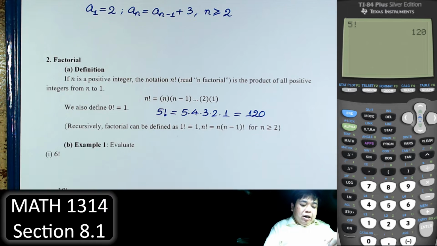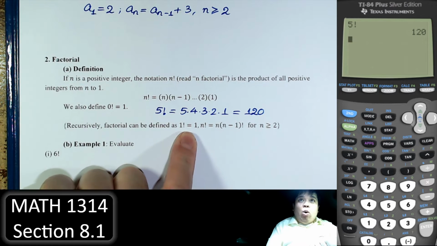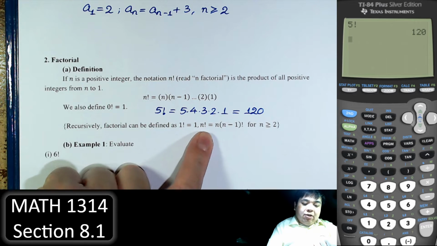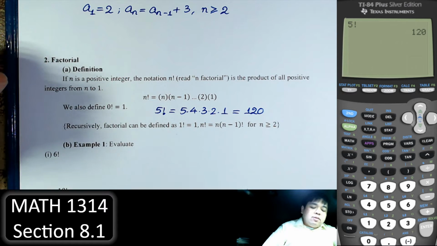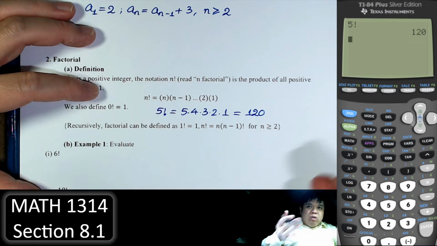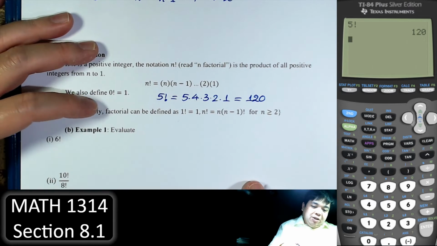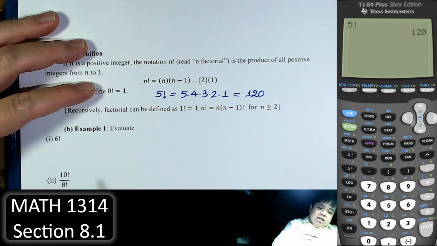And factorial can be written as a recursion formula. 1 factorial is 1. n factorial is equal to n times n minus 1 factorial. Right, so to get to the next factorial, we just multiply by the number. Right, so what is 6 factorial?